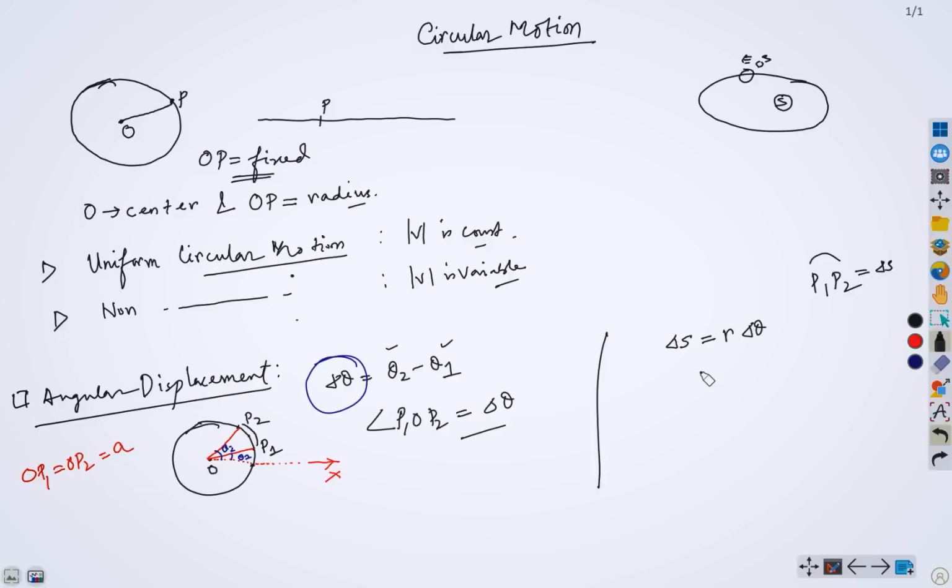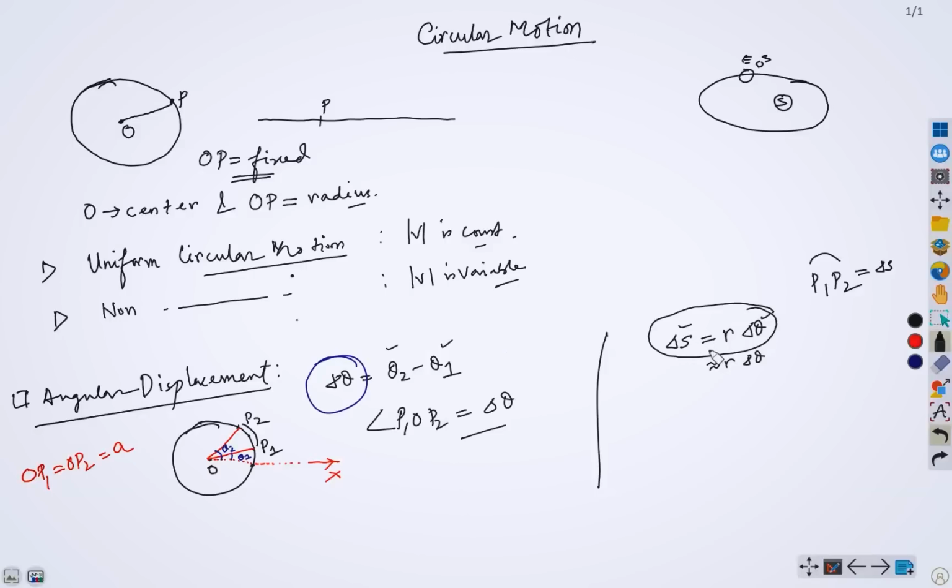This is a very crude way of saying it, that delta S is approximately R delta theta. But for the sake of computations, we will assume the displacement is very small. In that sense, we can safely say these equations hold. No need to write the approximately equal symbol. It is equal, if this quantity is very small.